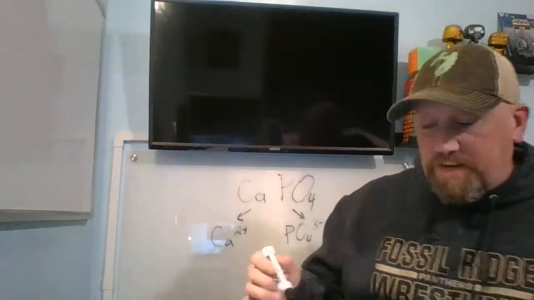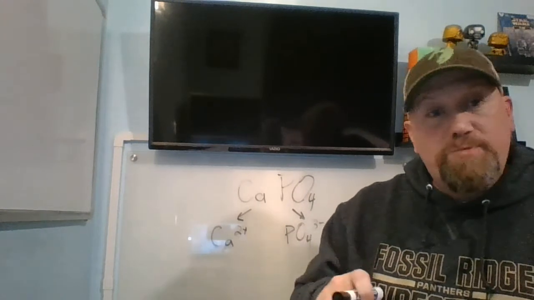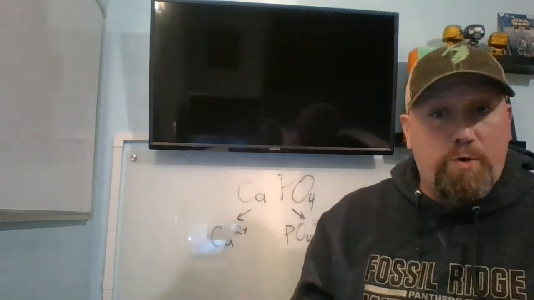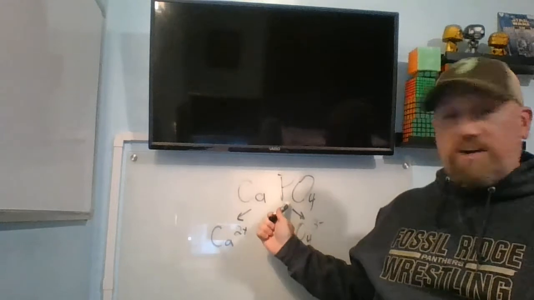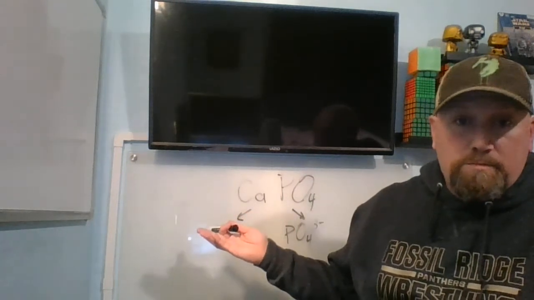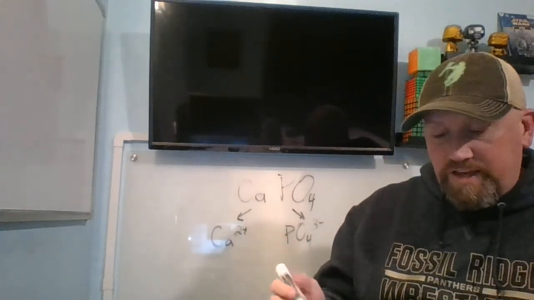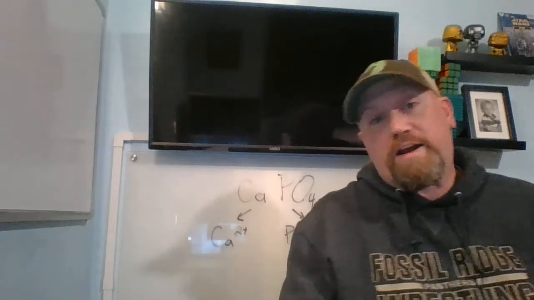We have to look at the exceptions though. With phosphates, the exceptions are compounds of NH4. We see the phosphate is not bonded to NH4, it's bonded to calcium, so that one doesn't fit. The next one is alkali metal cations.